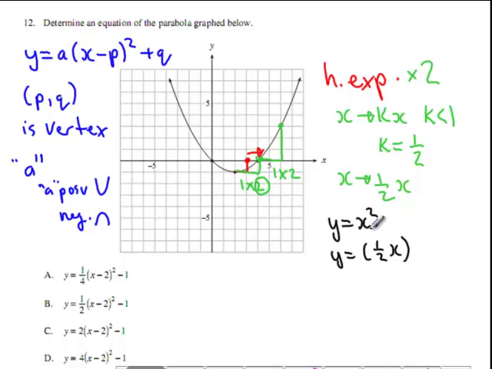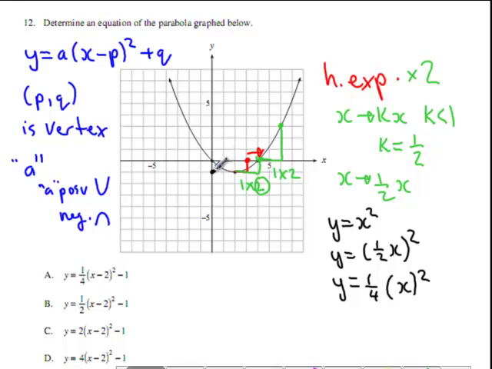There I'm replacing x with 1/2 x. I get 1/4 of x squared. Well, right off the bat, it's looking like we've got 1/4 and 1/4, but let's keep going just to make sure.